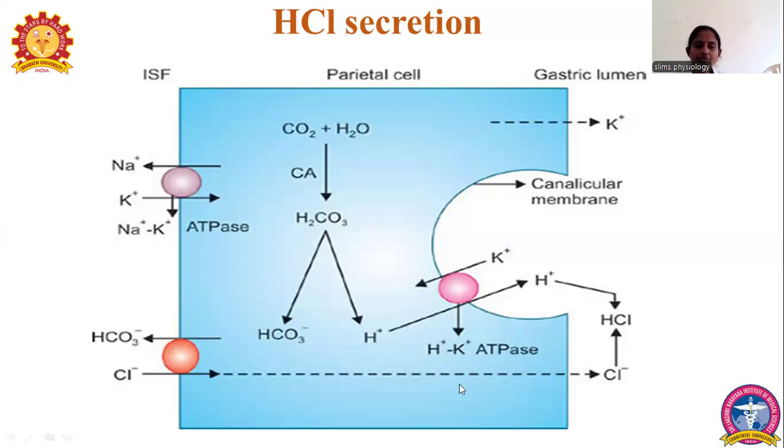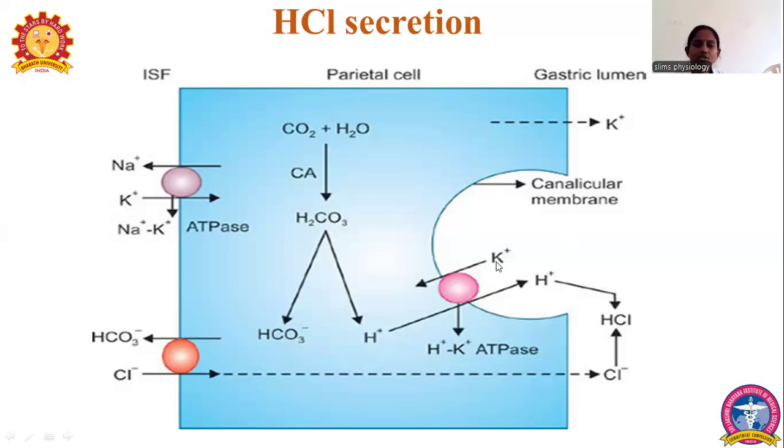This chloride diffuses through the cell and passes into the gastric lumen by means of the chloride channel, the CFTR channel. In the canalicular membrane, we have the presence of hydrogen and also chloride. Both of them combine with each other to form hydrochloric acid. So now we have the formation of hydrochloric acid.